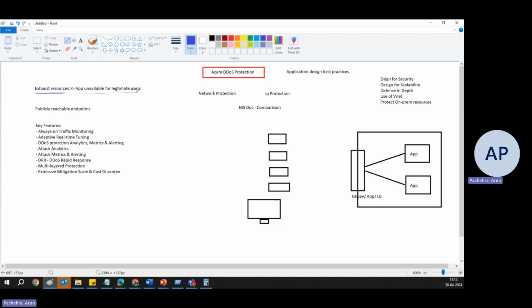That's the kind of attack a DDoS attack is. There are multiple ways they attack, but the idea is not to let legitimate users reach the application. Either you send so much bogus traffic that it eventually exhausts the resources.